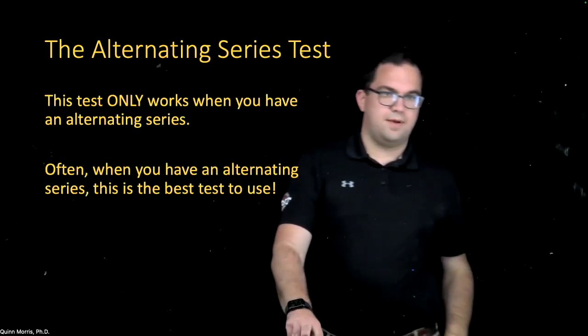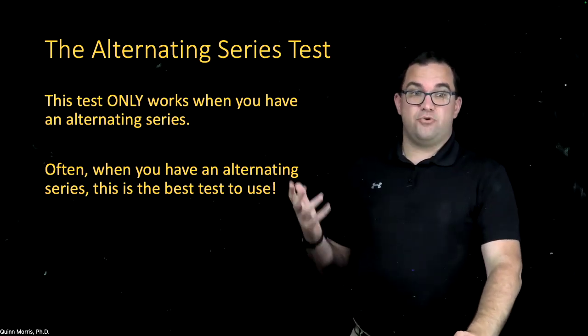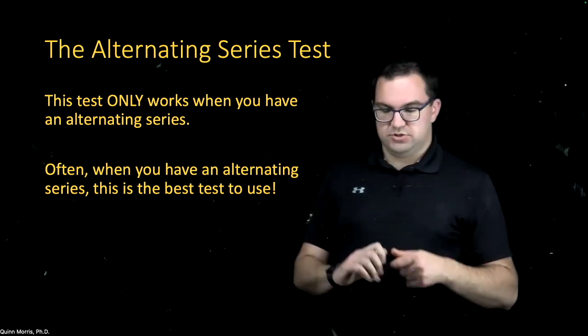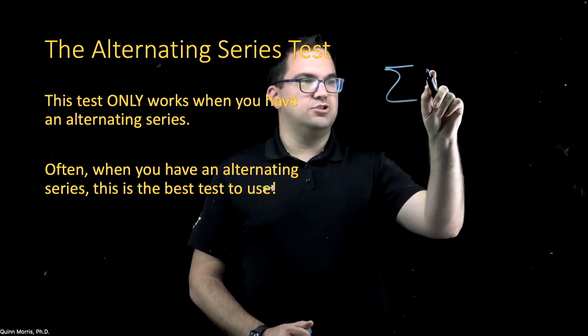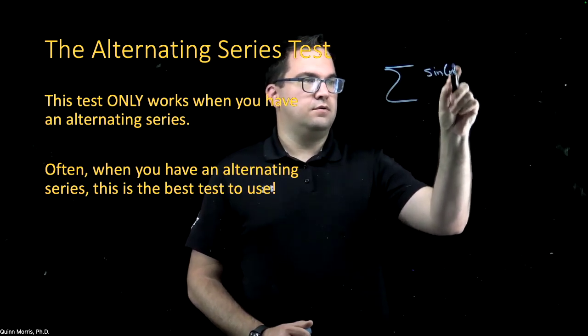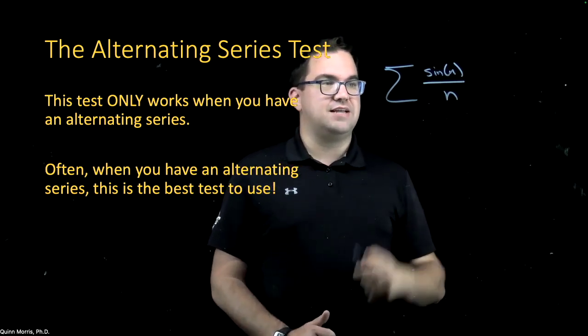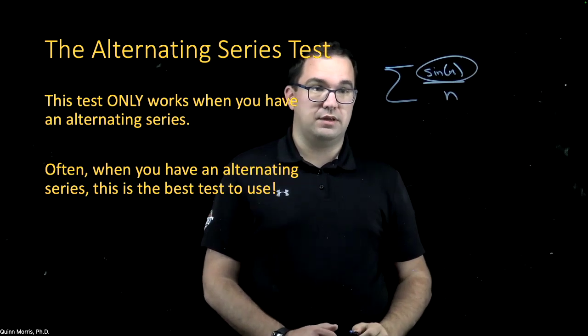So a couple of notes about the alternating series test. The first is that this test is great, but it only works when I have an alternating series. So if I think back to that example we were looking at in the last knowledge check, I can't apply the alternating series test here because I don't know that this is alternating, right?